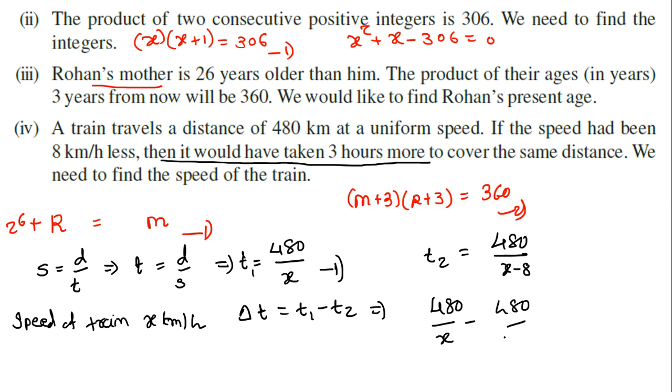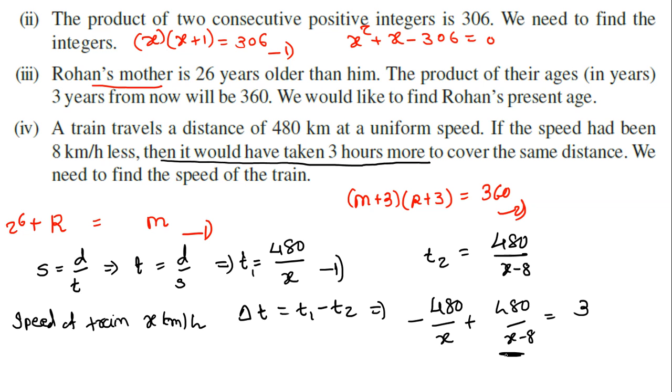Actually, sorry, 480 upon x, 50 means the denominator is bigger, this is smaller. t1 will come less and t2 will come more. So we have to write 480 upon x minus 8, because this will take more time now. Speed is less, so obviously it will take more time.